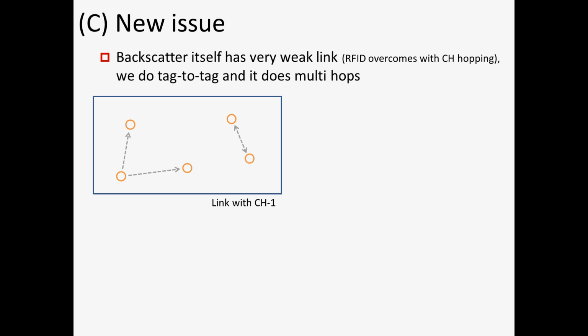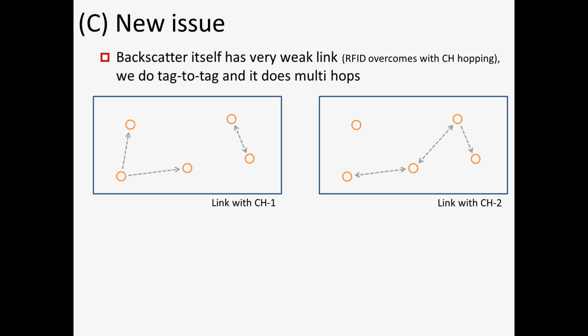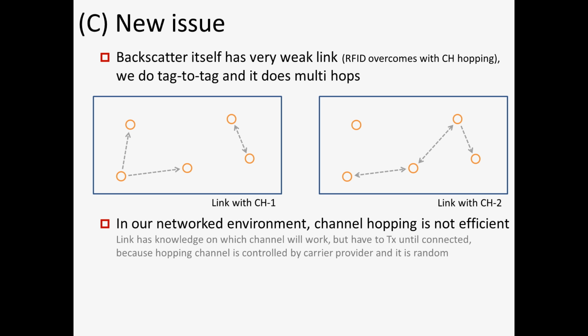A link with channel 1 is disconnected, and a link with channel 2 leaves some nodes isolated. So in our network environment, channel hopping is not efficient.